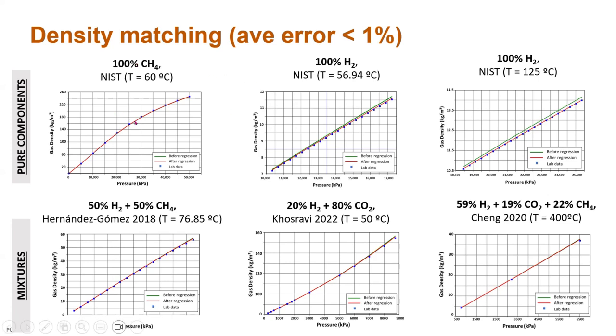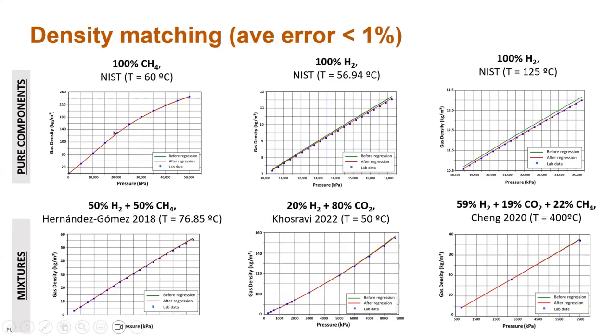It's very important to match methane because methane is the native component in your reservoir, but it's very relevant to be predictive for hydrogen as well because you are planning to inject and store hydrogen in that reservoir. So the equation of state should be able to match the properties for both components.